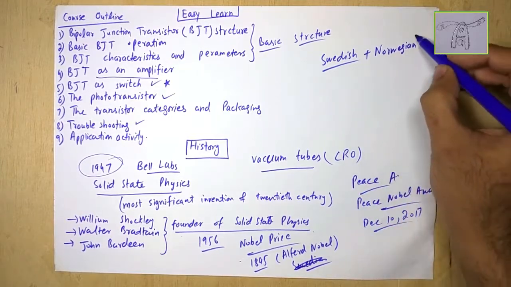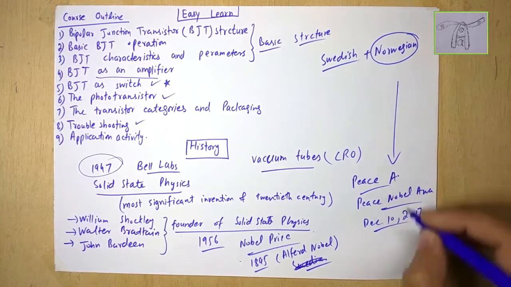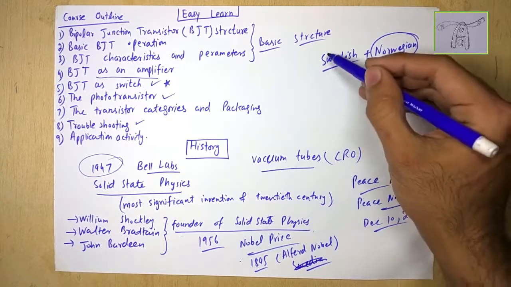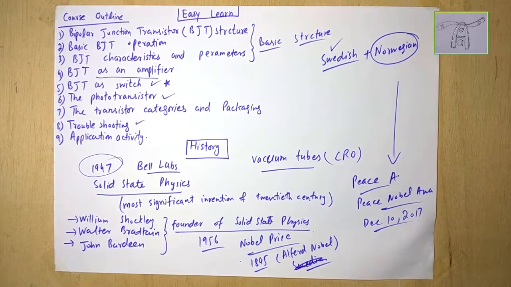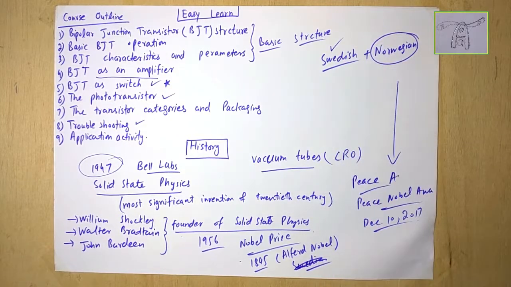So just one award, the Peace Award, is given by the Norwegian government. All other awards, in physics, chemistry, and other science fields, are awarded by the Swedish government. Basically this is the main sponsor of the Nobel award.